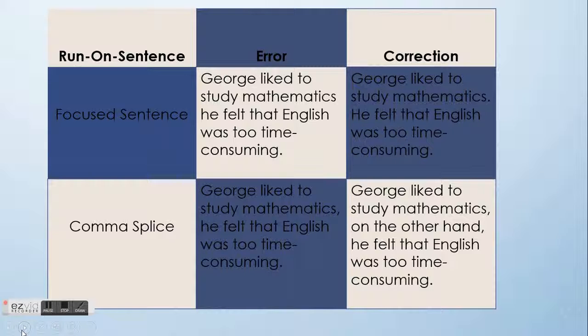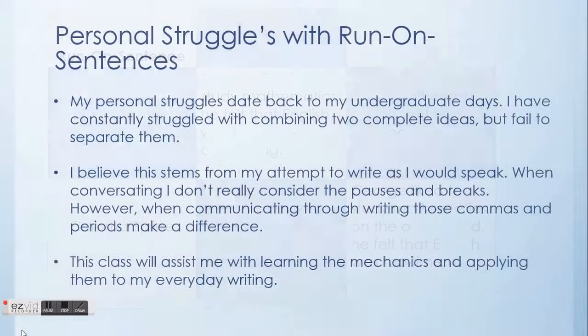Under the correction column here, we have George liked to study mathematics, comma. On the other hand, comma, he felt that English was too time consuming. As you can see, there's been a comma added along with the phrase "on the other hand" that allows this sentence to not be a run-on sentence, but a complete idea that distinguishes the two ideas.